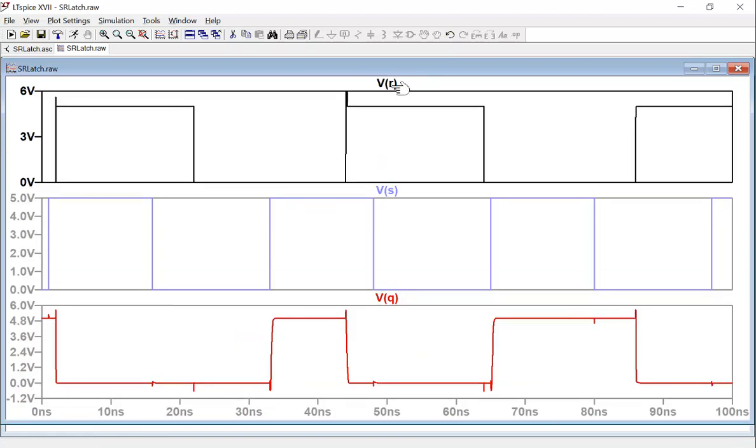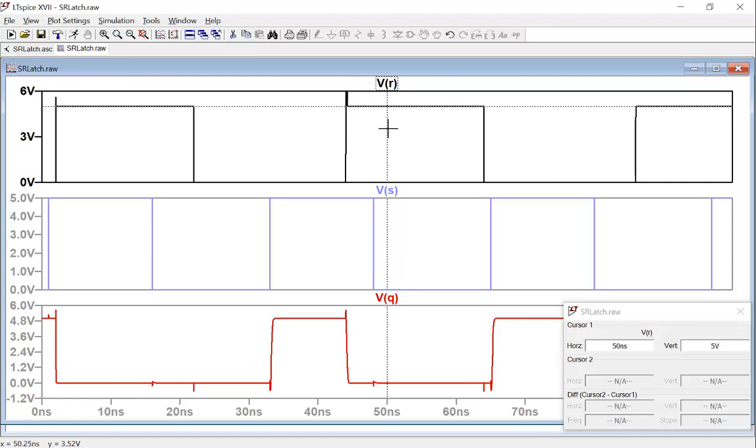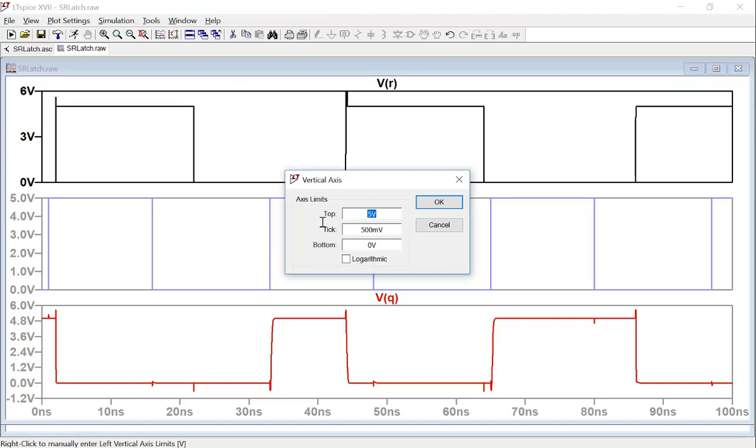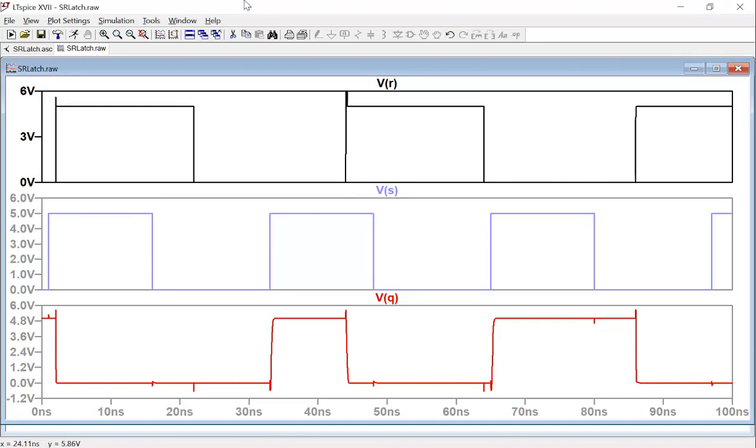Okay. Now let's see if we can verify the logic. Whenever R is 1, right? So we turn on R. We should have a 0 for Q. Is it happening? What's going on here? Does that make sense?